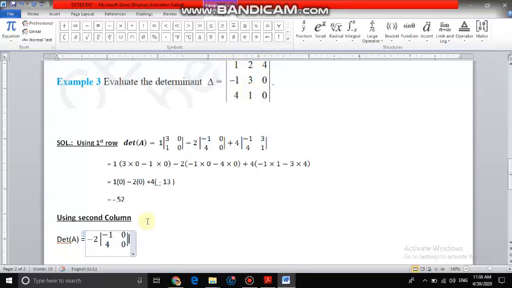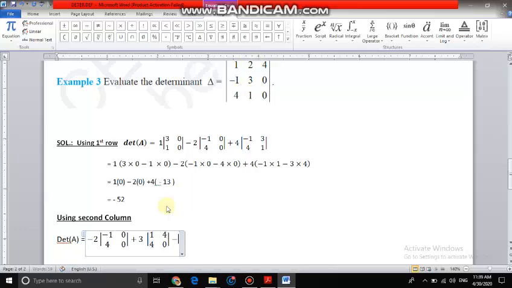The first sign is minus, so the second has to be plus 3 into, so this is the second row, second column operation, right? So I have taken 3 here. If I exclude the second row and second column, the left out elements are 1, 4, 4 and 0.